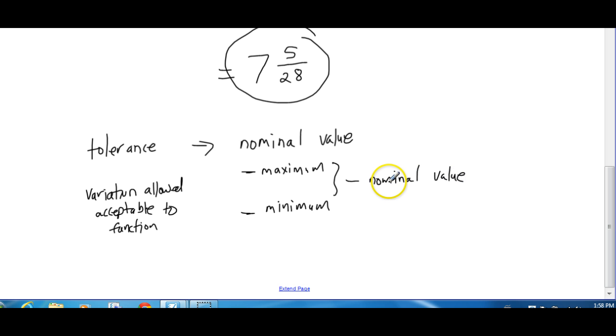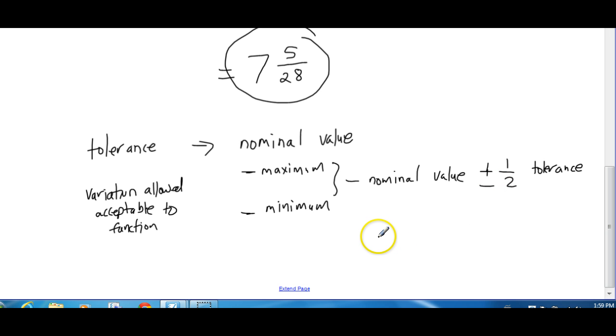Okay, and since it's the halfway point, our nominal value will be plus or minus half the tolerance from the acceptable maximum value or the acceptable minimum value.